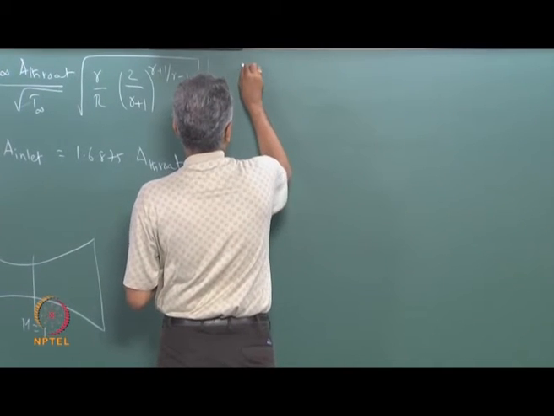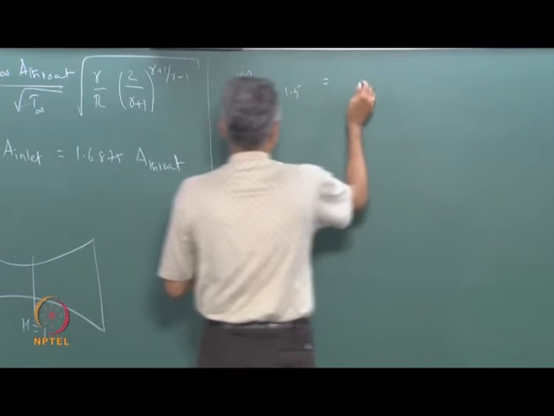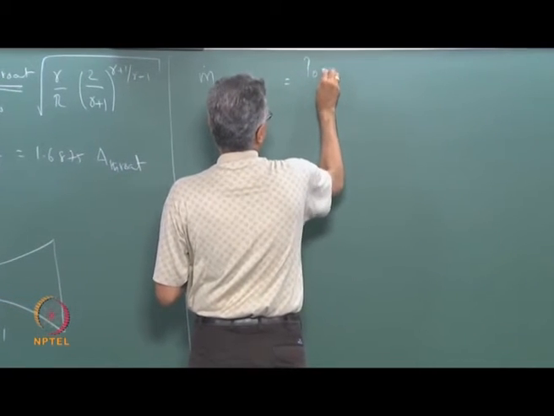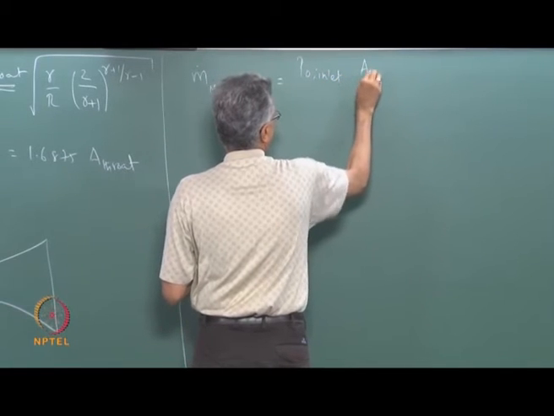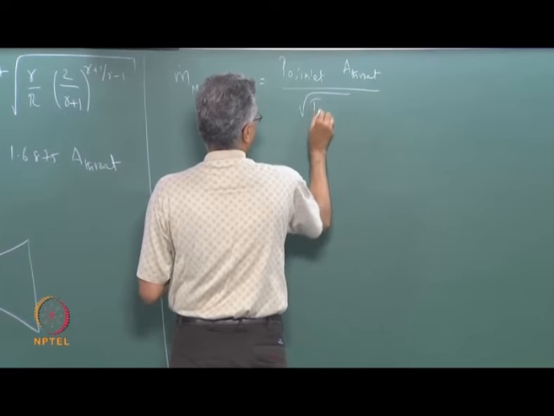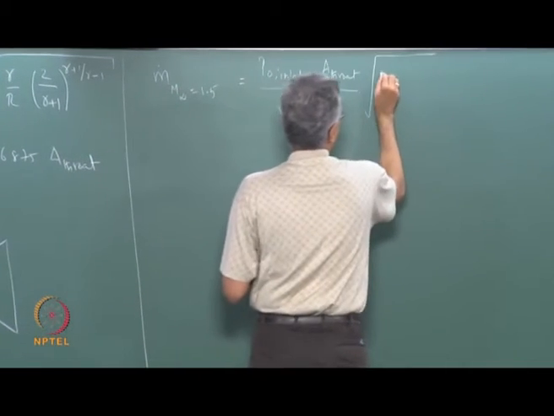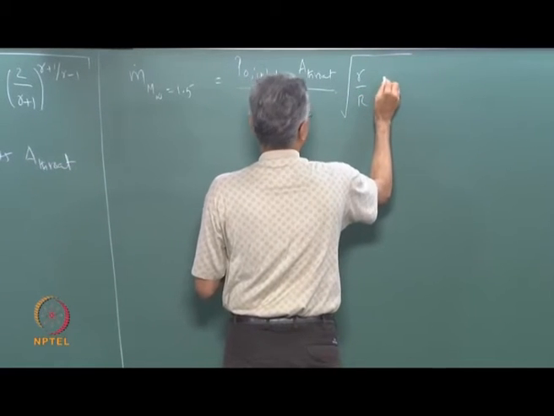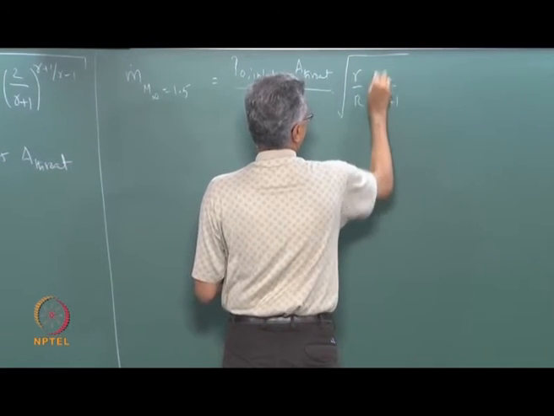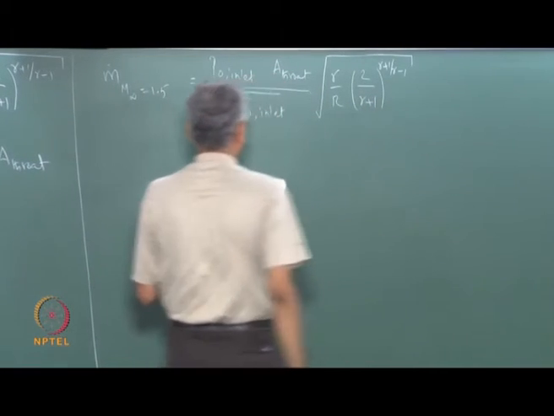So, the mass flow rate m dot with M infinity equal to 1.5 comes out to be P0 inlet times A throat divided by square root of T0 inlet, times square root of gamma over R, times 2 over gamma plus 1 raised to the power gamma plus 1 over gamma minus 1.